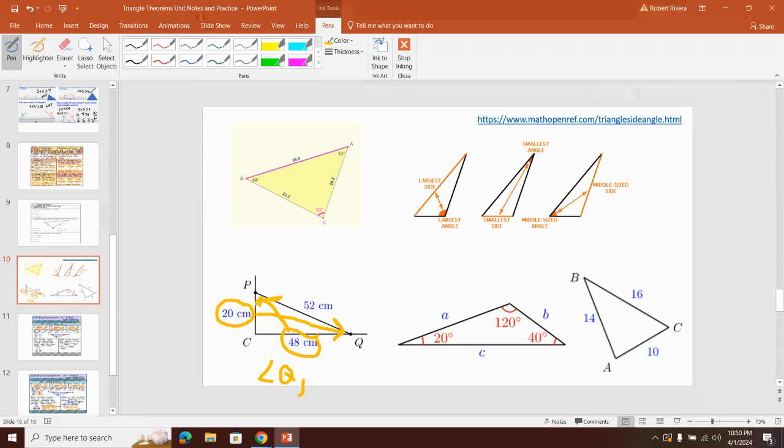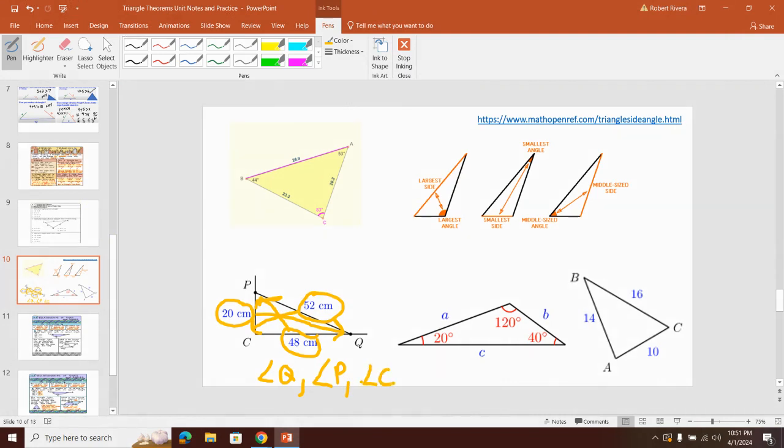Angle P. So angle P would be the next least. Now we don't know the measurement of those angles, but we can put them in order based on the sides. The smallest is opposite to the smallest, the medium is opposite to the medium, and here's the largest, 52. So who's in the opposite? C. So the largest would be angle C, and that's without measuring.